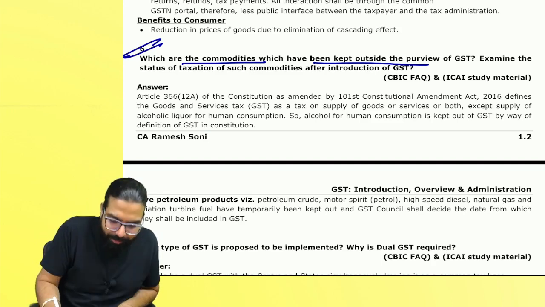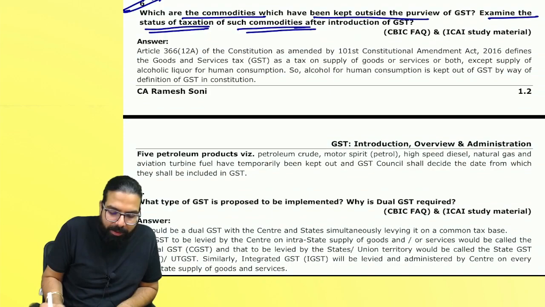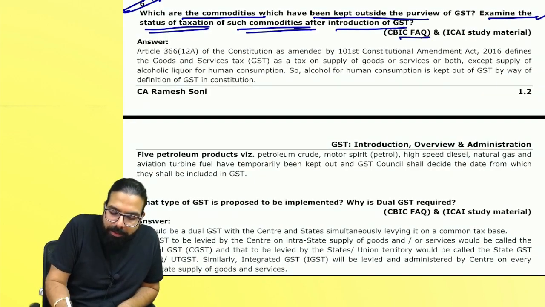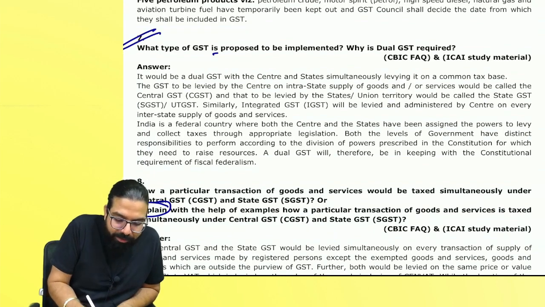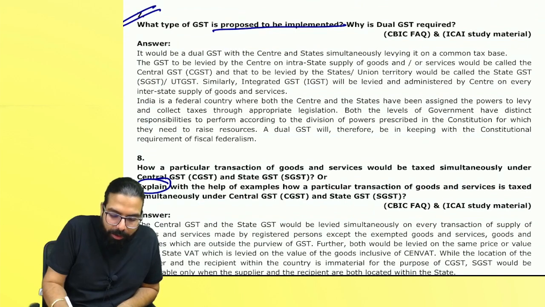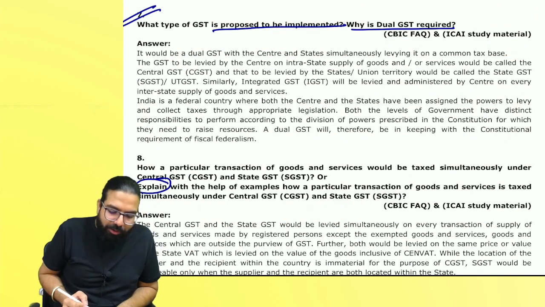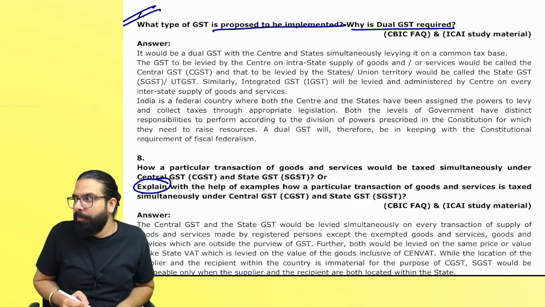People are so happy. Examine the status of taxation of such commodity. Baba, tell me one thing. Earlier, this was CBSE FAQ, now ICI study material. All these are okay. What type of GST is proposed to be implemented in India, everyone? Dual. The next is, why is dual model required? Are we clear, everyone? Will you guys read it at home?